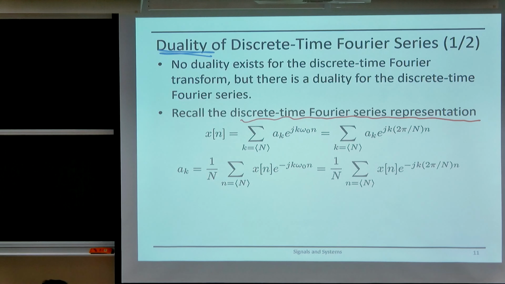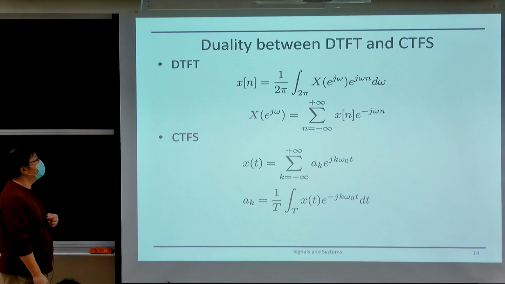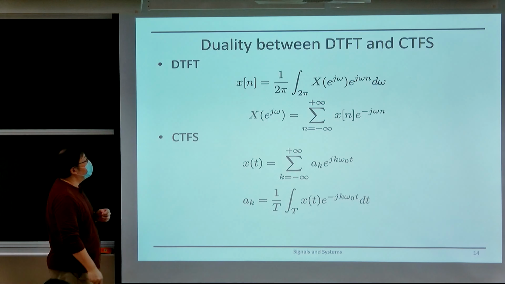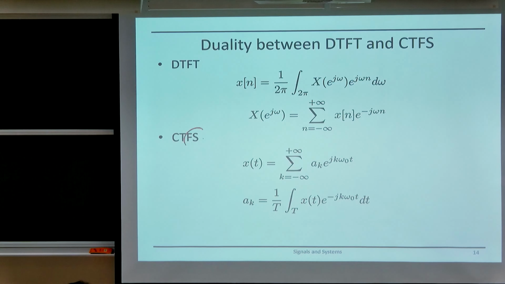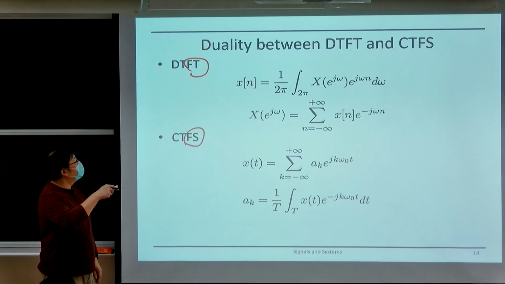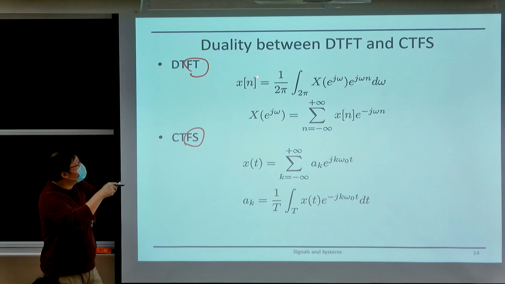Now, other than this, you can also find duality between the discrete time Fourier transform, right, and the continuous time Fourier series, okay? So this is the Fourier transform for aperiodic signals, but this is the Fourier series for periodic signals, okay? Because if you look at the discrete time Fourier transform, going from the spectrum to the time domain you have an integral, and from the time domain to the spectrum you have this summation.